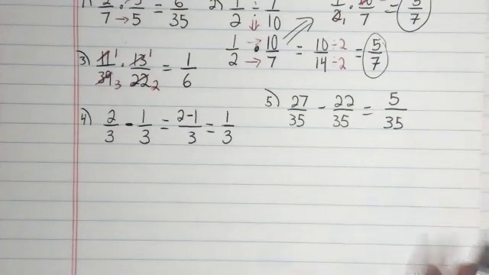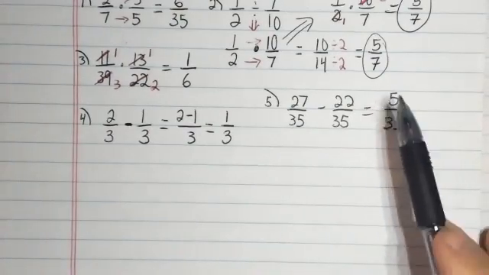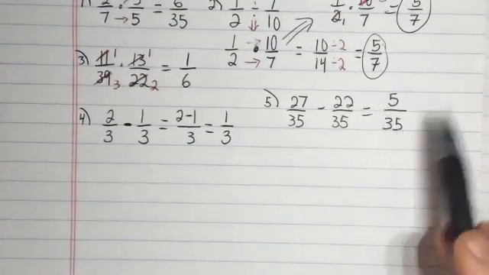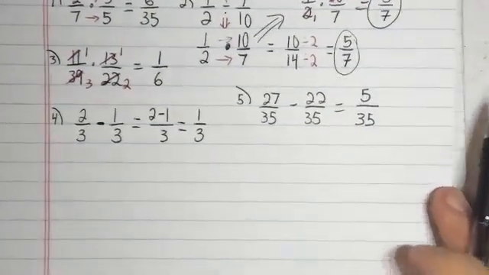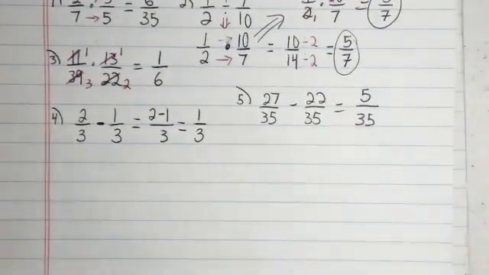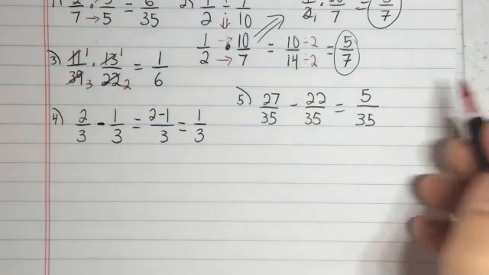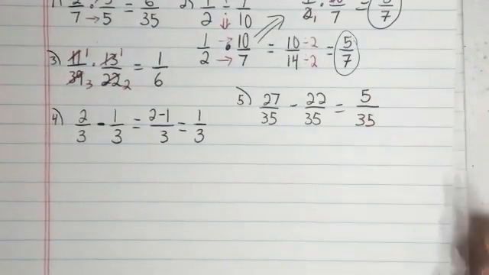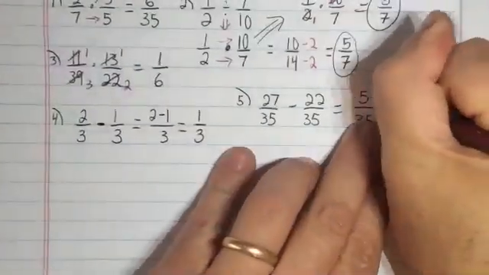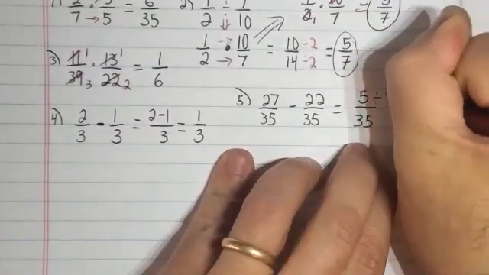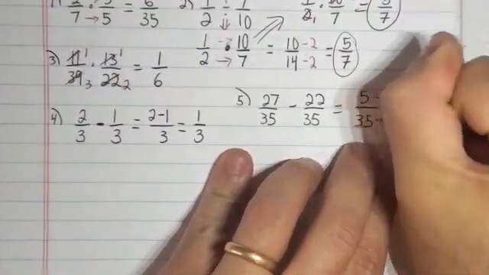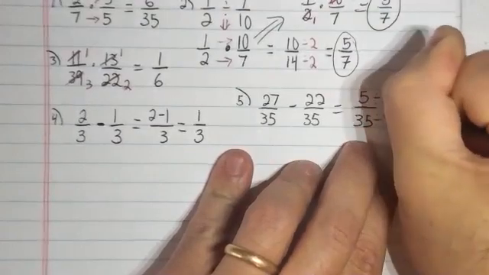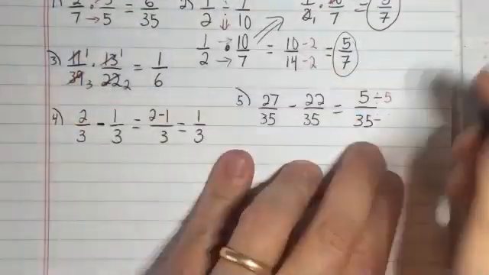And again, if we submit this answer, it'll be incorrect because it is not reduced. What you have to recognize is that 5 goes into both 5 and 35. So really what you're doing when we're simplifying it is dividing both your numerator and your denominator by that 5.